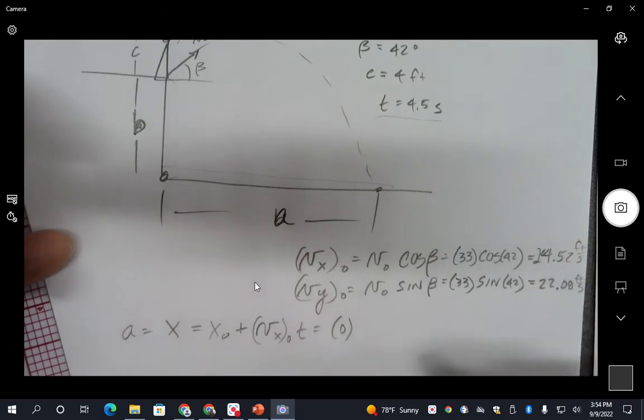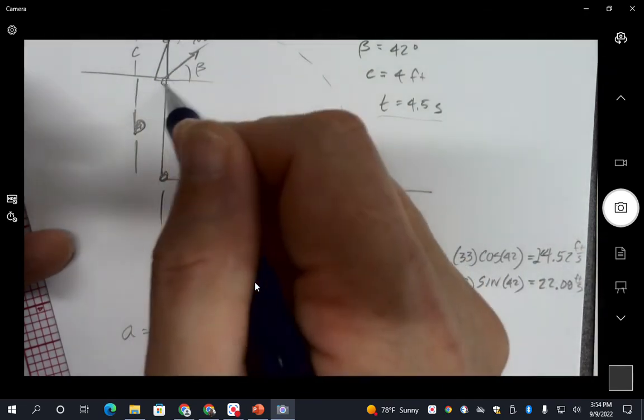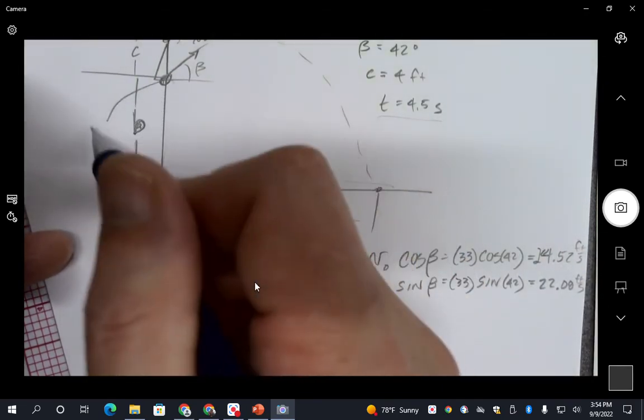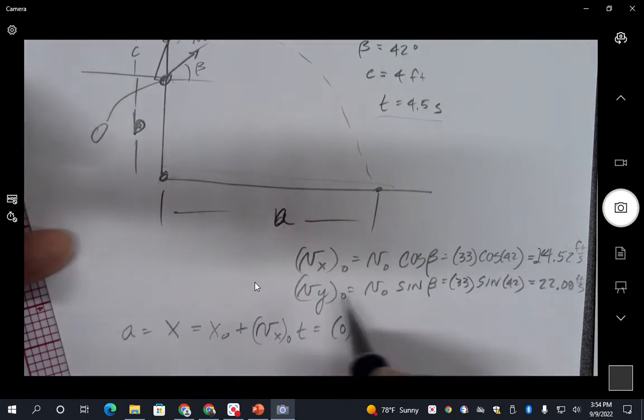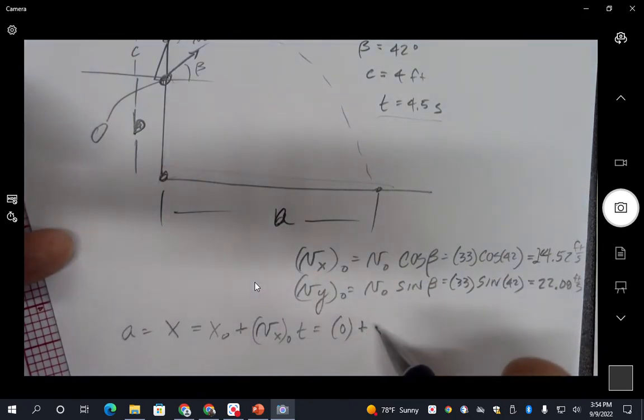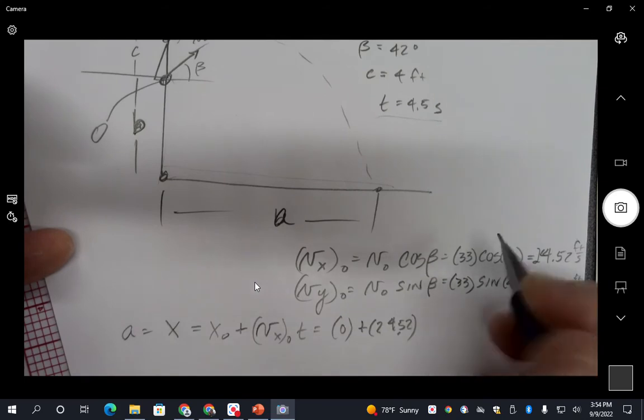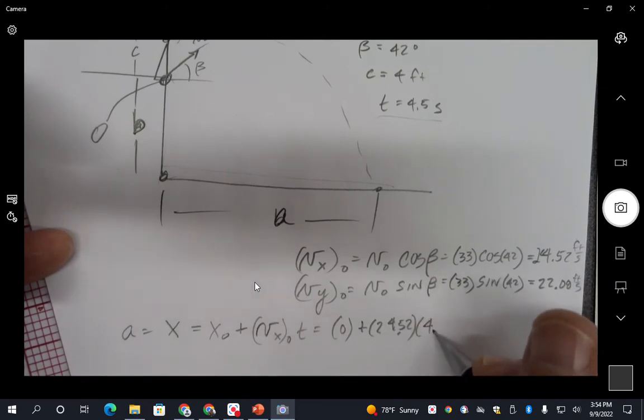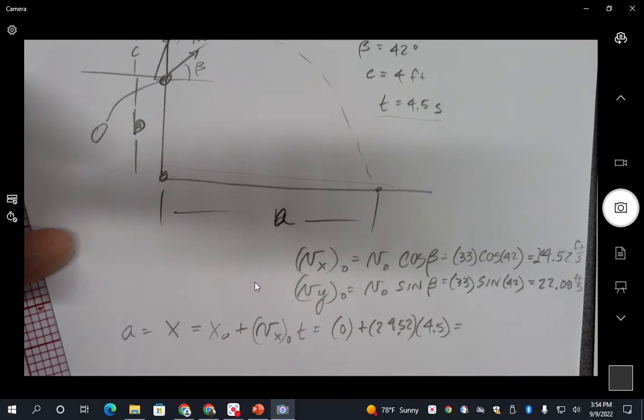Let's call this a 0 right there. That's the origin. Plus our 24.52, and times 4.5 seconds. And we worked that through, and that should be 110.4 feet.